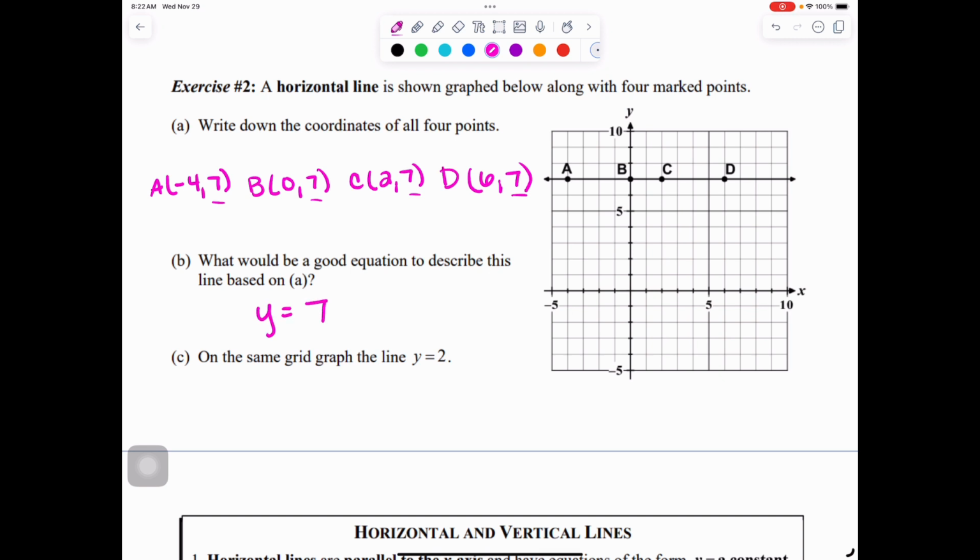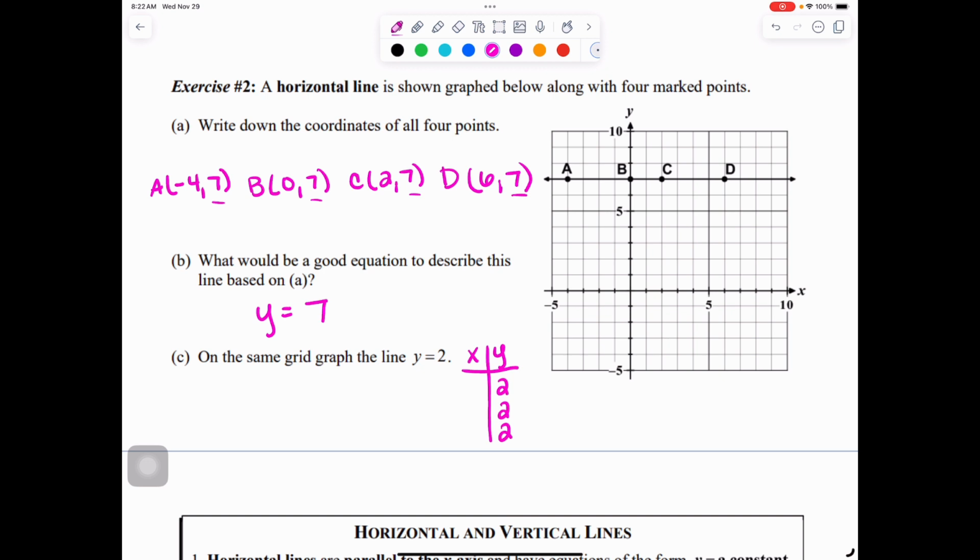Then on the same grid, they would like us to graph the line y equals 2. If y equals 2, that means y is always a 2. One way to graph this accordingly is to make an x-y table and almost think of it like auto-filling the y side. If we know y is equal to 2, we know that it's always equal to 2.